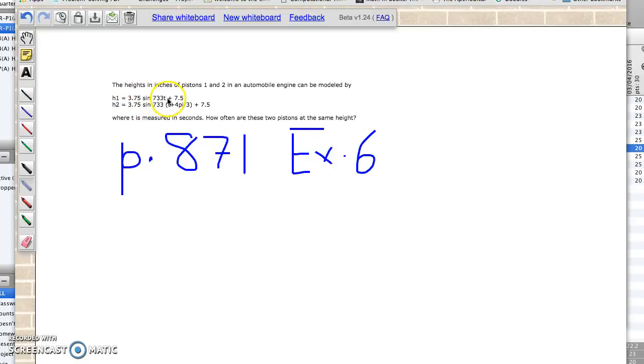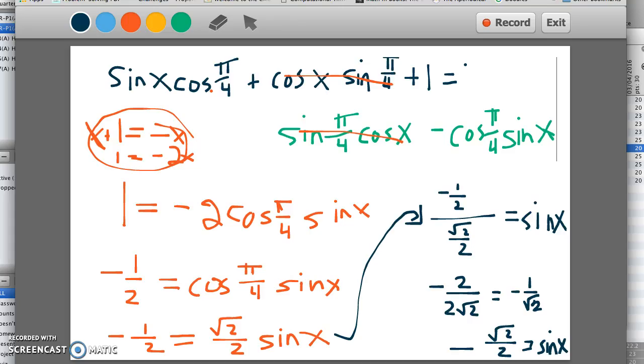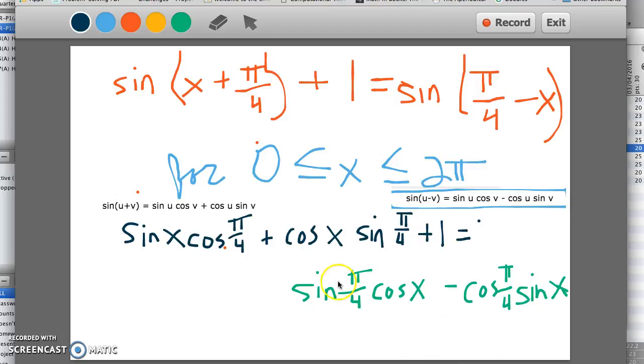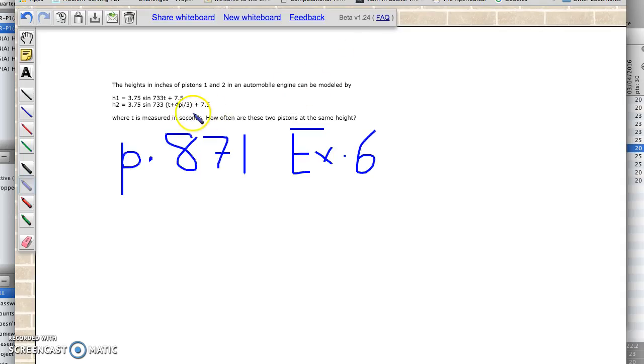It's like a system of equations with two sine functions. Using the sum and difference rules we just used, you set h1 equal to h2 and solve for t.